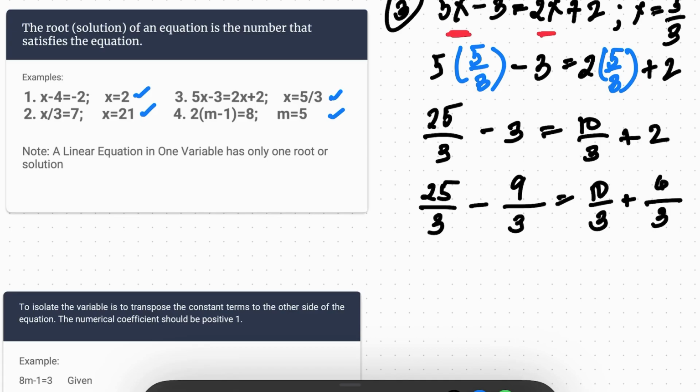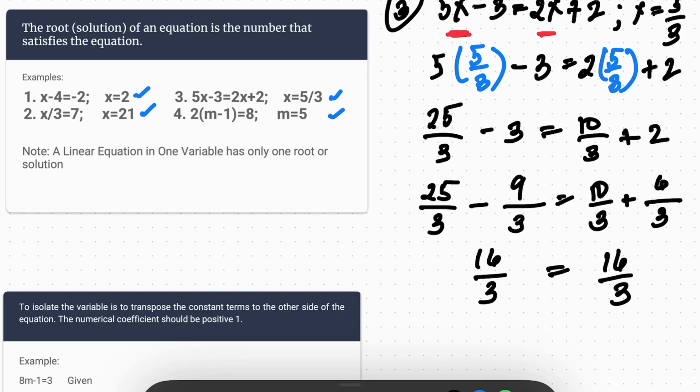Now perform the operation. We have similar fractions on both sides of the equation. You have 25 over 3 minus 9 over 3. This becomes 16 over 3. And it should be equal to the right side of the equation, which is also 16 over 3.